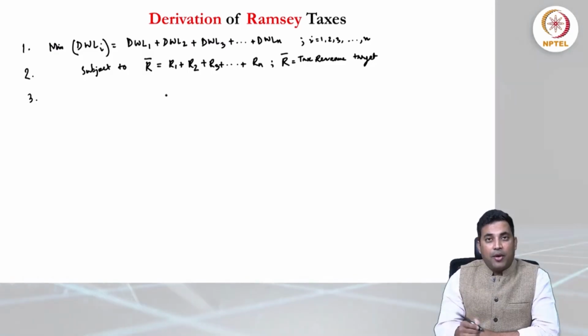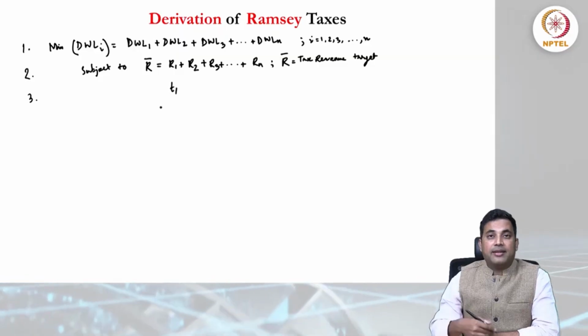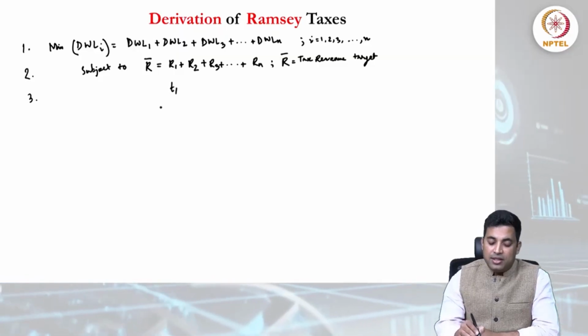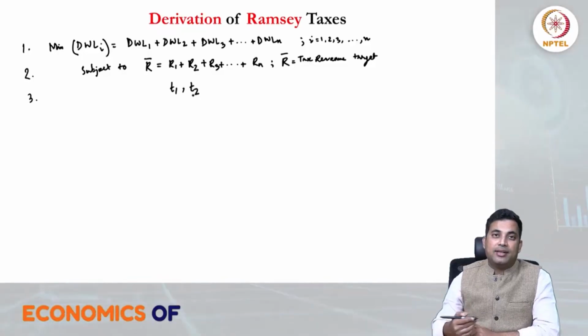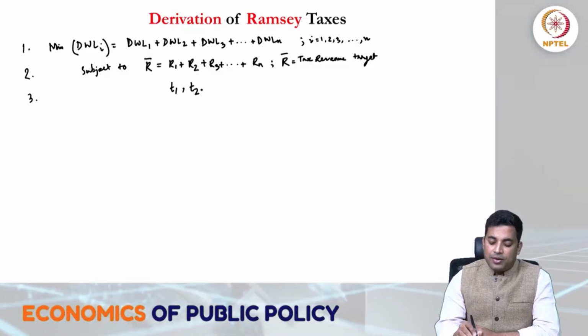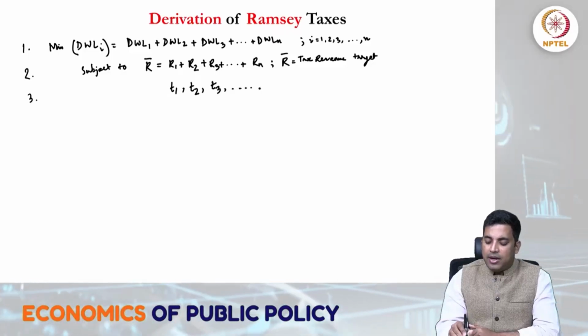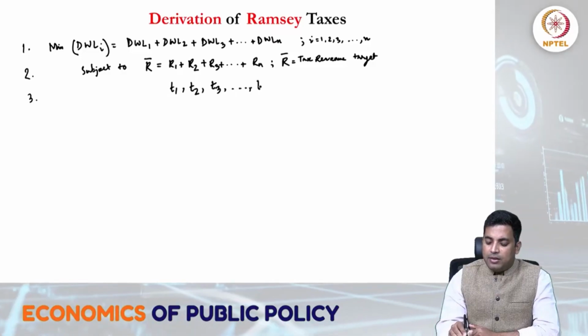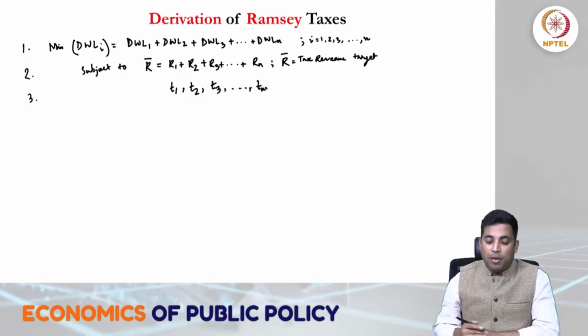Small t1 is the tax rate for the first individual, small t2 is the tax rate for the second individual, and likewise tn is the tax rate for the nth population.